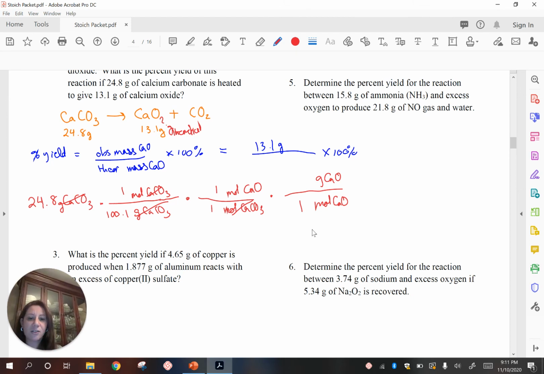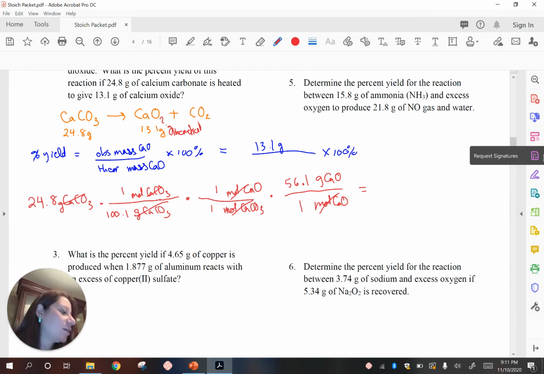So put 1 next to the moles, and then for the mass you add up an oxygen plus a calcium. This ends up being 56.1 grams. And moles cancel. And so I do 24.8 divided by 100.1 times 56.1. Anything on top you multiply, anything on the bottom you divide. And you end up with 13.9 grams of calcium oxide.